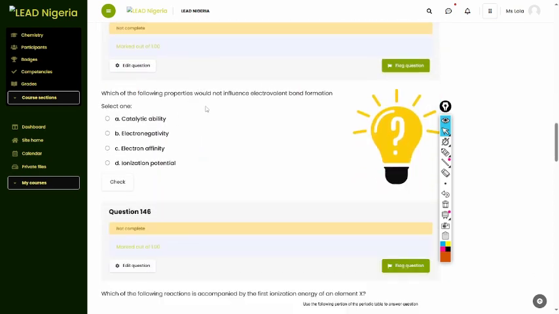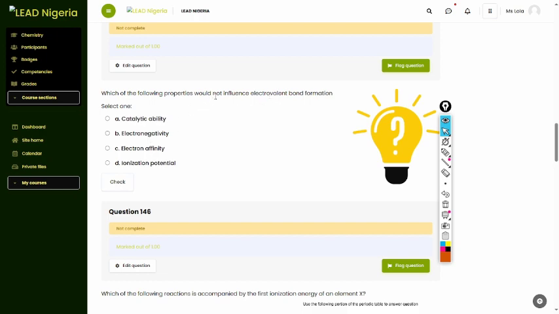Which of the following properties would not influence electrovalent bond formation? So electrovalent bond formation happens when a metal and a non-metal combine to form stability by losing and gaining electrons. So the metal loses electrons and the non-metal gains the electrons, and then they both form ionic compounds.